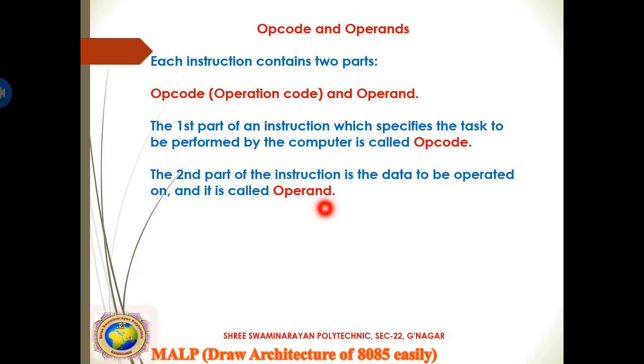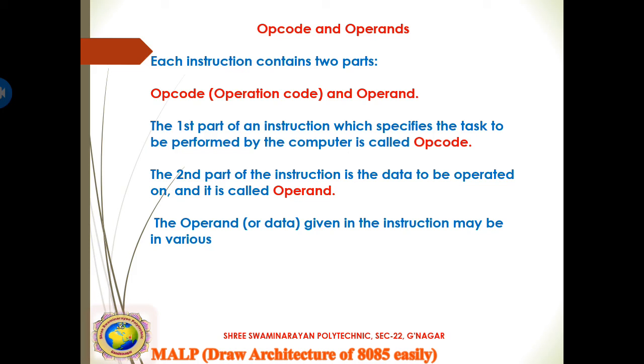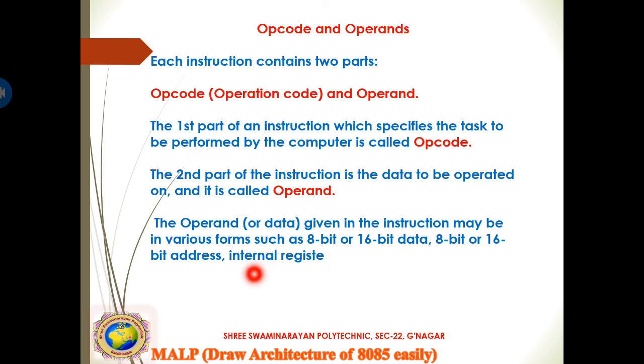And the second part of the instruction is the data to be operated on, and it's called operand. બરાબર છે? ડેટા ટુ બી ઓપરેટેડ, જે ડેટાનું ઓપરેશન જોવા મળે છે તેને આપણે operand કહેવાય છે. So the operand or data given in the instruction may be in various forms such as 8-bit, 16-bit, internal registers, or a register or memory location. Okay.